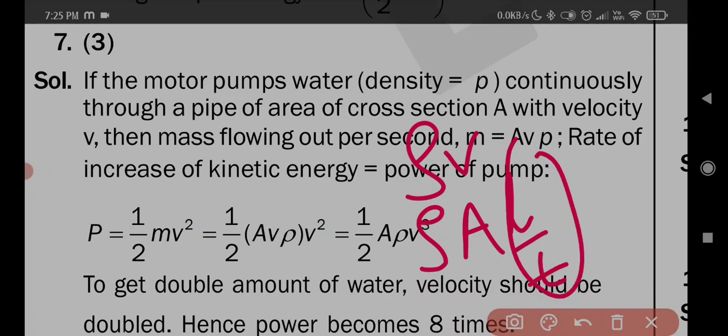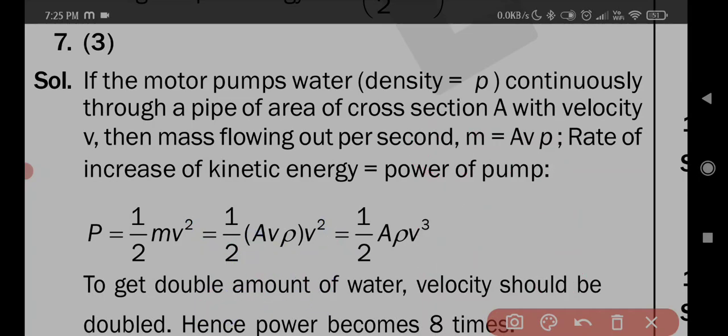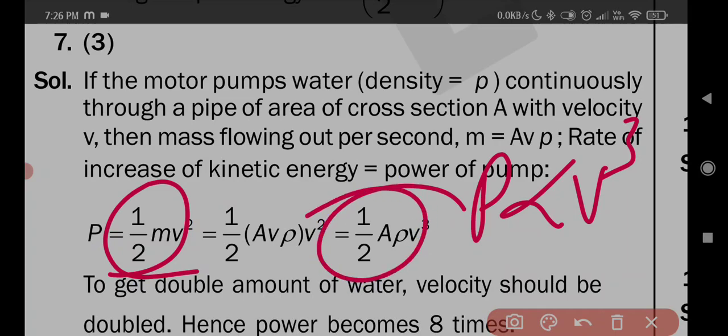This will become velocity, so rho A v, and this is also velocity. So now it will become v cube. If I want double mass in the same time, what should I do? Power is directly proportional to v cube, or from this and this, if you relate, you can get that mass is directly proportional to v cube.